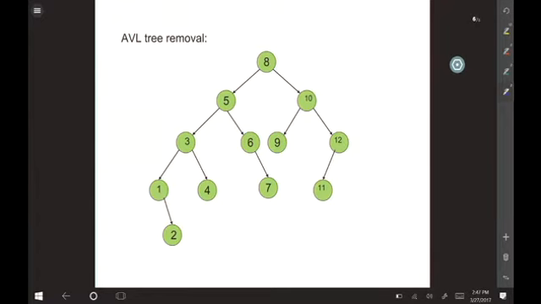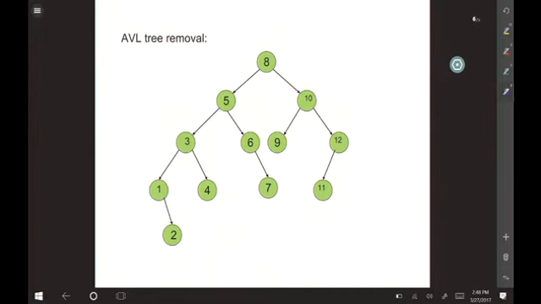Anybody want to suggest one they think might be interesting to remove? Somebody else. We've got corners. Which of these would you like me to remove?